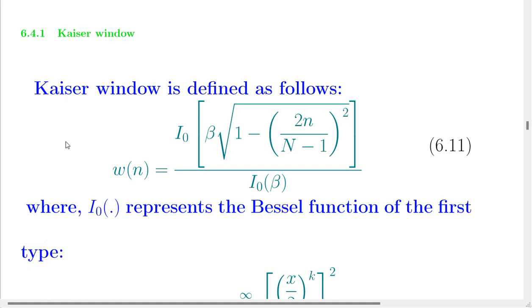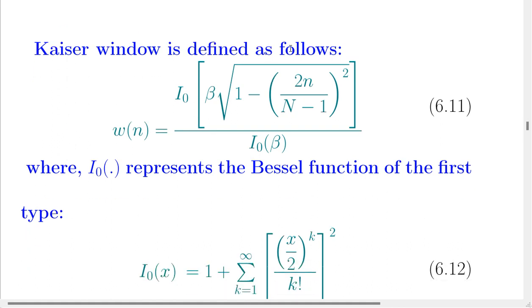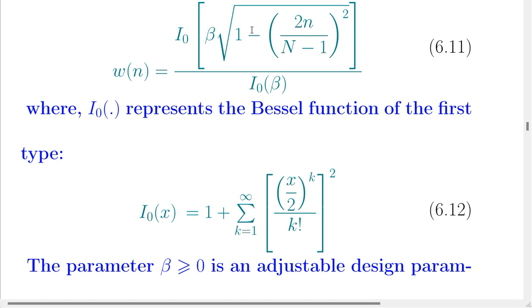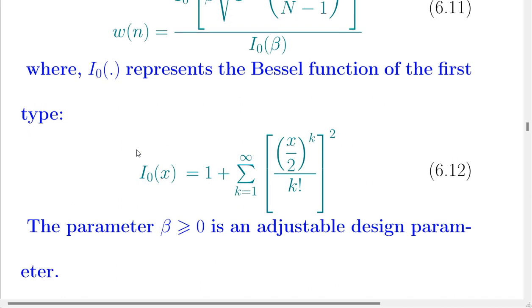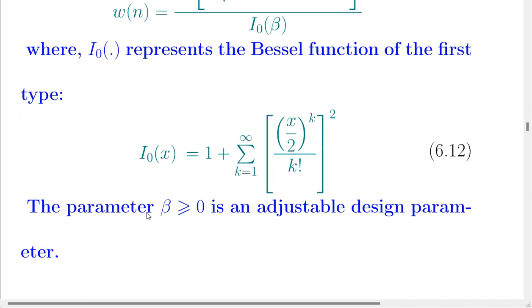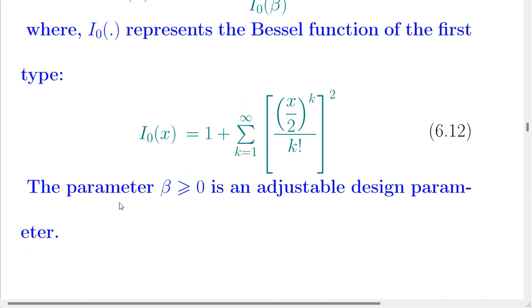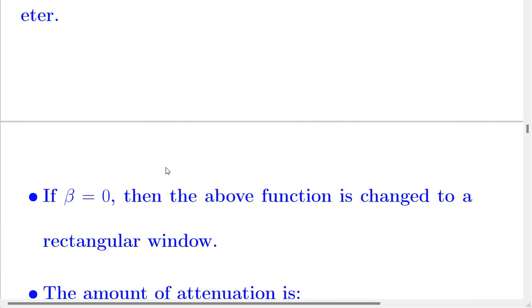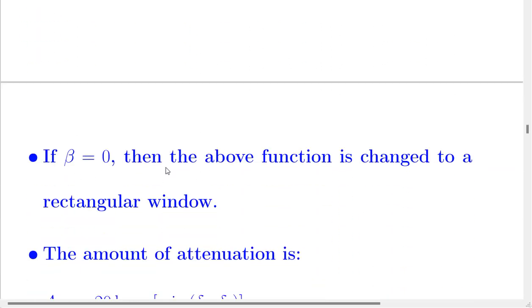Now, Kaiser window is defined as follows. I won't read it out. You see here the form of window and definition for I0 here used. It's a Bessel function. We don't want to teach mathematics, so we will speed up over this discussion because normally the Kaiser is not used.